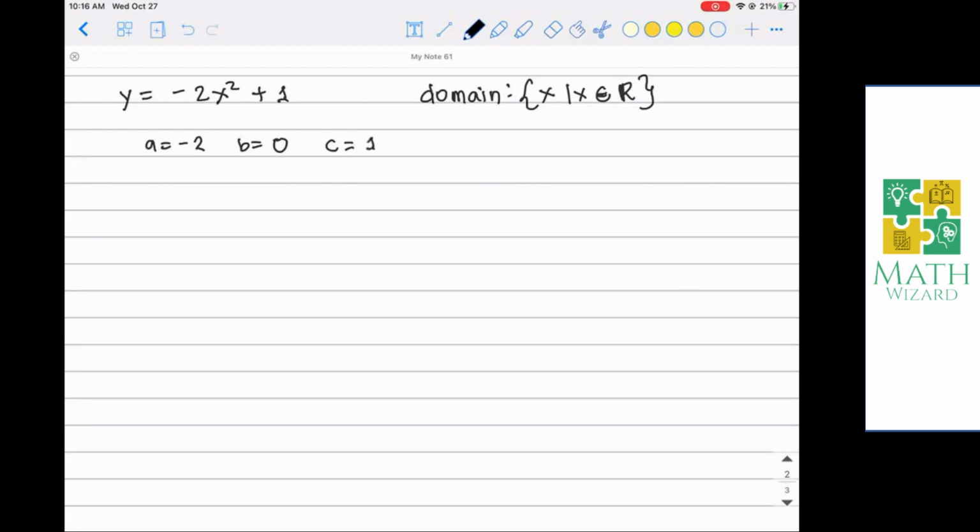To find the range, we check whether A is positive or negative.